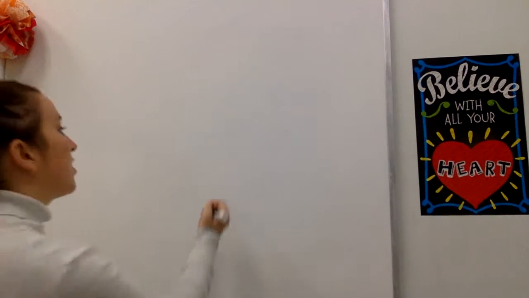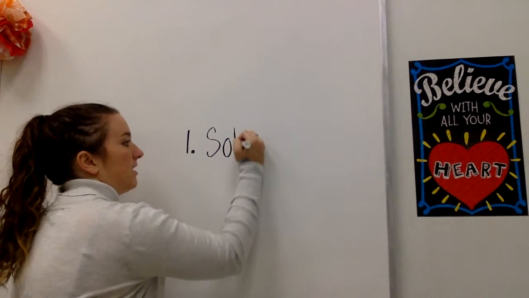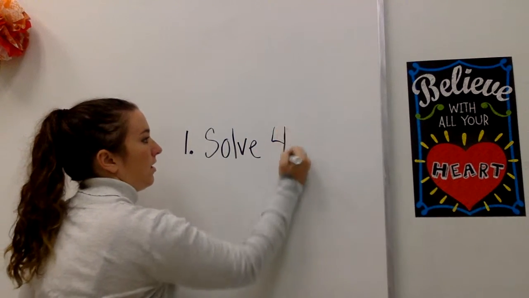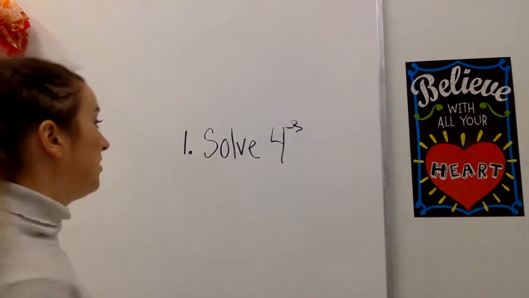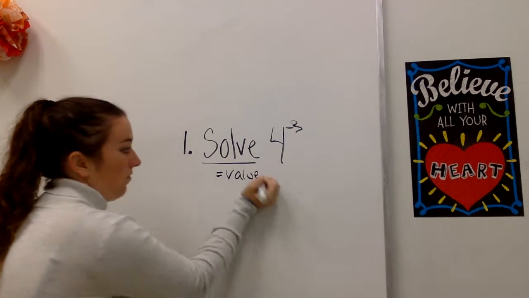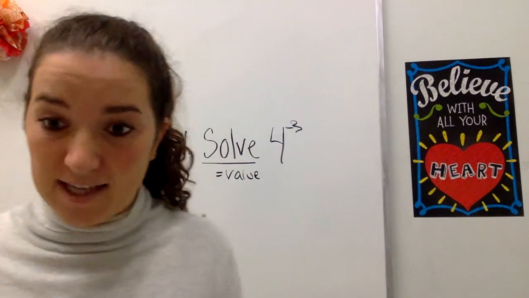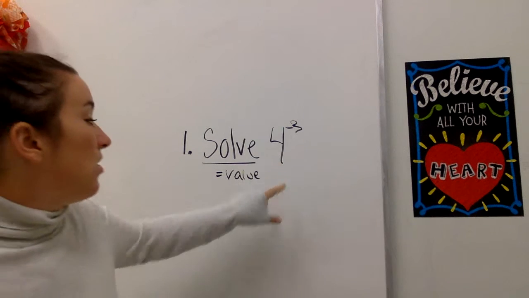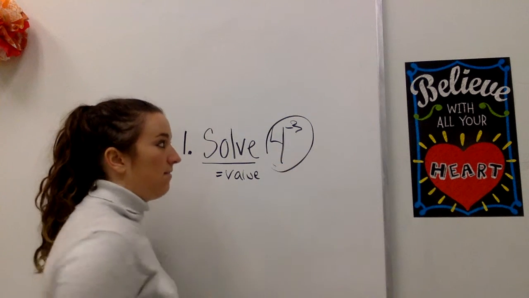The first problem we are going to solve is 4 to the negative third. Solve is the same as value, so we are trying to find the value of 4 to the negative third. When I have my answer, I don't want any exponents in it. So the first thing I want to do is expand 4 to the negative third.